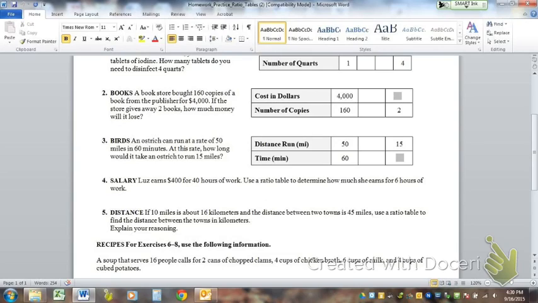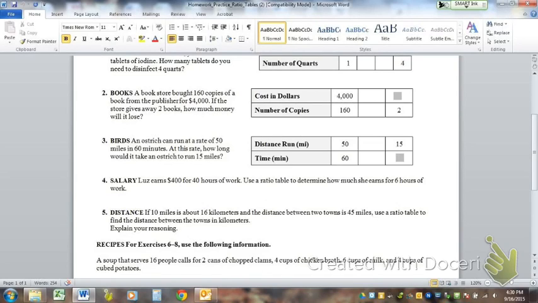Number 3, an ostrich can run at a rate of 50 miles in 60 minutes. At this rate, how long would it take an ostrich to run 15 miles? Well, I'm going to reduce because I cannot change 50 to 15. 15 does not go into 50, so I need to divide and reduce 50 over 60. So what number goes into both 50 and 60?